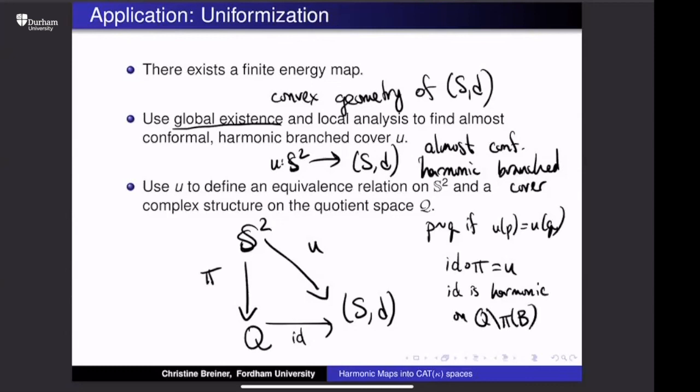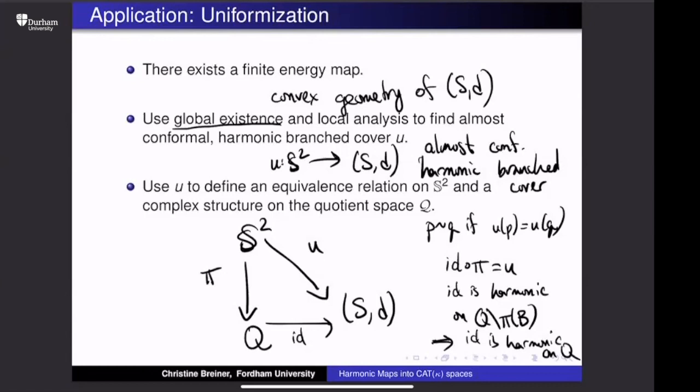But the branch points are discrete, so you can use the removable singularity theorem to show that the identity is harmonic on Q. So then you end up with this harmonic map from Q, which we show is the Riemann sphere. It's easy to see the identity is a homeomorphism from its construction, and that's what gives us our map.